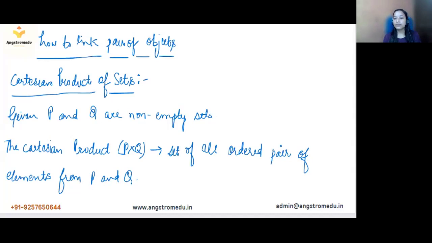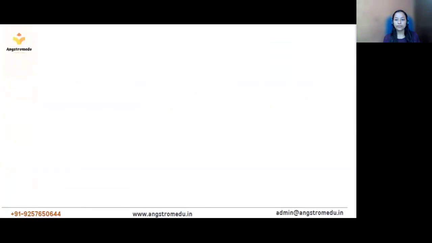Okay, if I mention, what am I doing? I am just writing P cross Q as curly bracket, p, q, where p is an element from capital P and q is an element from capital Q. I am going to write it as well, like p belongs to capital P and q belongs to capital Q. This is the ordered pair.